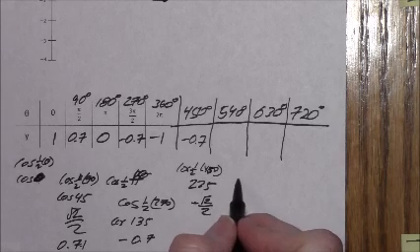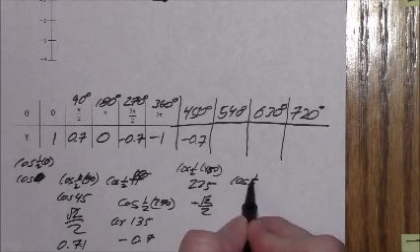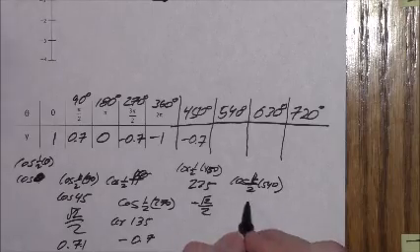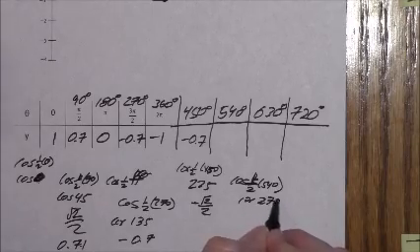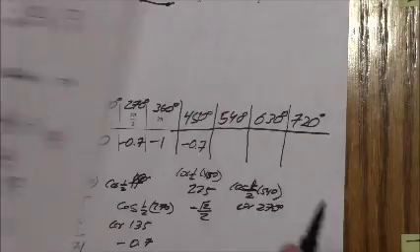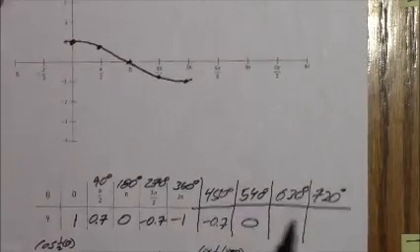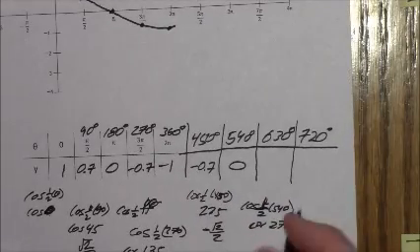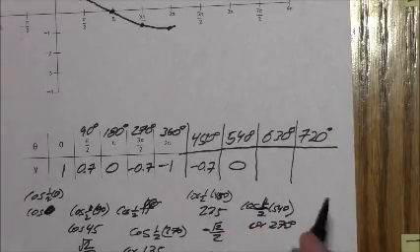Then for 540, cosine of 1/2 of 540, that's going to be the cosine of 270 degrees. And the cosine at 270 is 0. So I'm not going to graph the rest of this yet. Right now I'll stick with finishing the table of values.